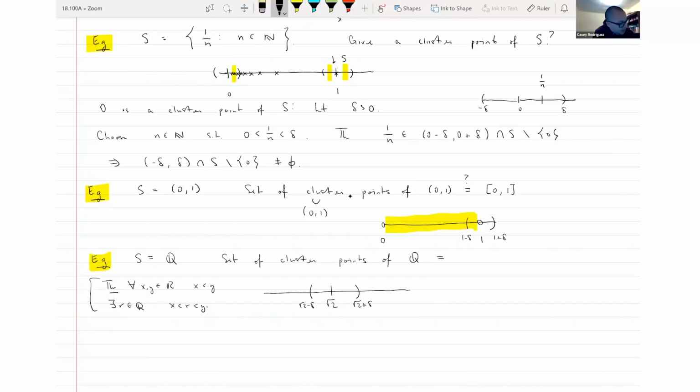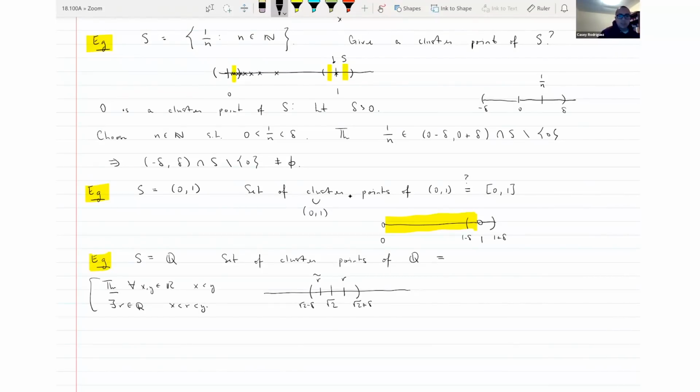So we can always find a rational number here, or we could have taken another rational number here. So for every interval we draw around square root of 2, we can find a rational in there, not equal to square root of 2, obviously, but we can find a rational in that interval. So this suggests that the set of cluster points contains the set of irrationals.